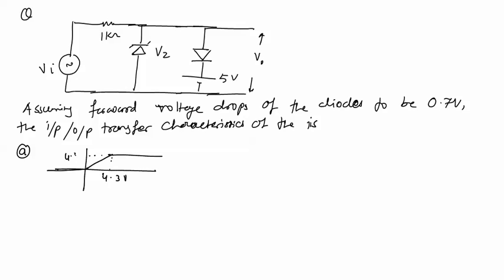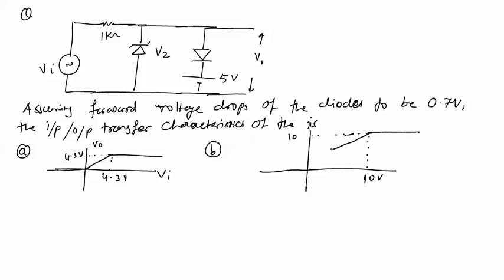Option A: 4.3 volt, 4.3 volt. This is output, input. Option B: 10 volt, 10 volt, 4.3 volt, 4.3 volt.